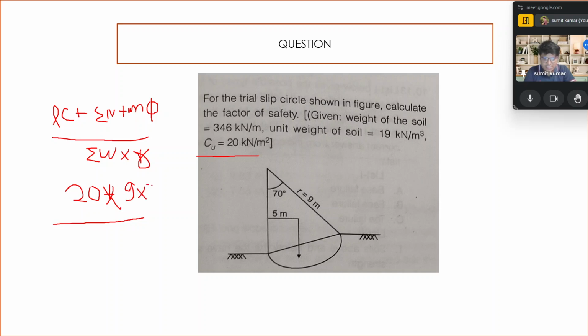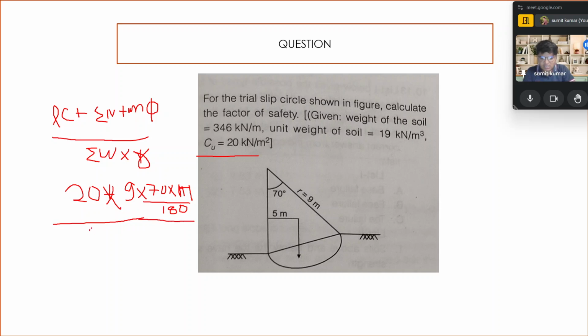So 70 is converted into radian, right? If you want to convert it into radian, we multiply it by pi upon 180. I'm writing from the mouse, so pi by 180, 3.14 that is.